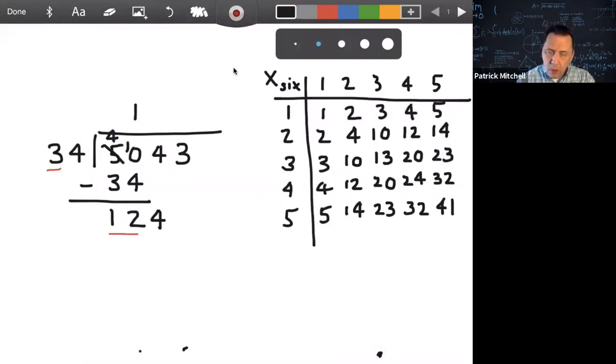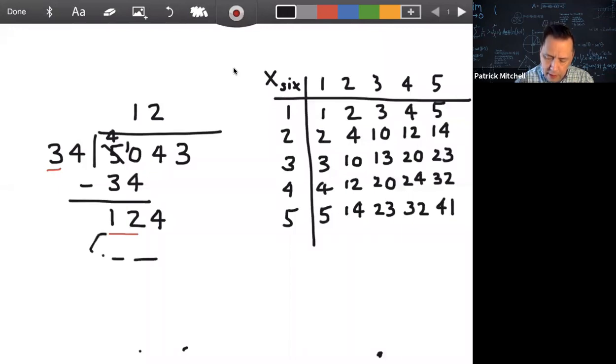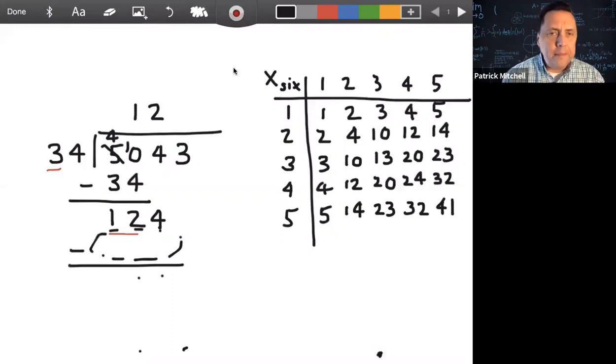And how I'll know whether it works or not, first of all, when I do 3, 4 times 2, and I write that answer down here, if I get a number that's bigger than 1, 2, 4, then I know something's wrong. But if I get a number that's too small, and what do I mean by too small? Well, it would mean that when I subtract these two numbers, I would get something that's 3, 4 or bigger.